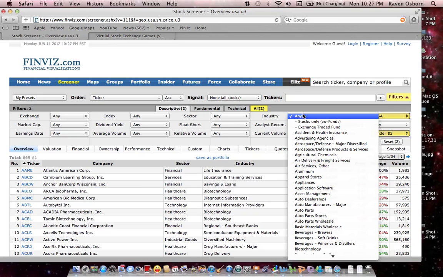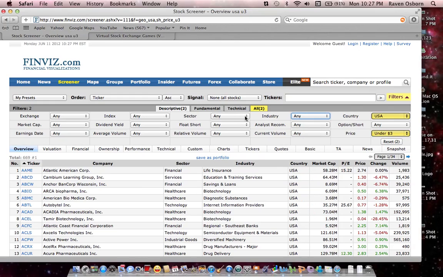They can get used to how they adjust to news coming in, and just dealing with one specific industry can make things easier in the long run because you're going to get used to patterns and how those companies work. You can also filter through sectors.